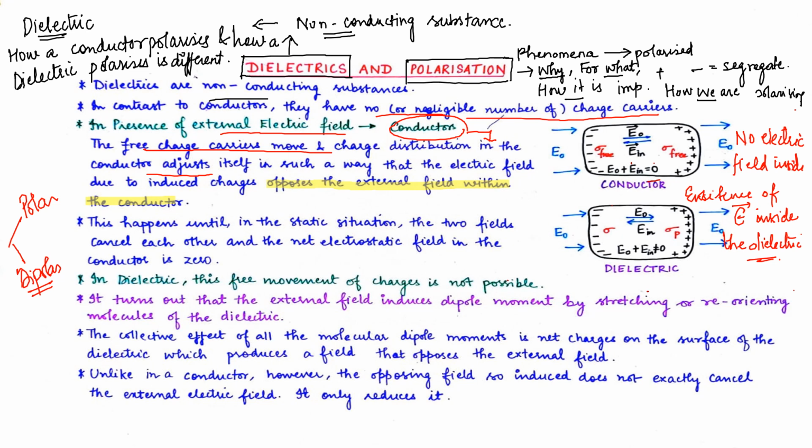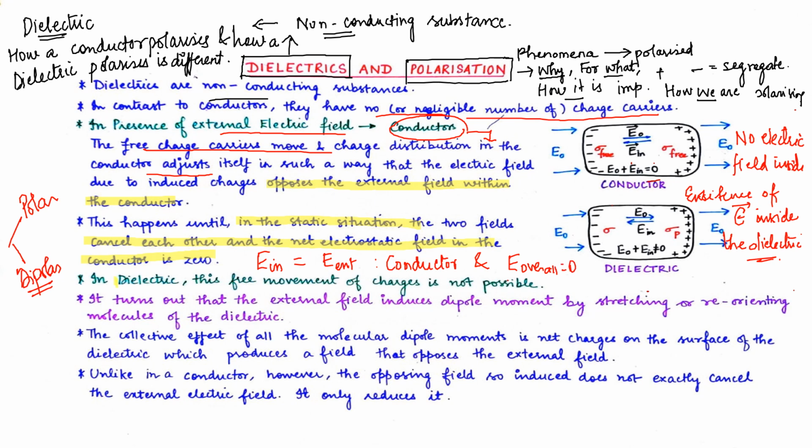This happens until, in the static situation, the two fields cancel each other and the net electrostatic field in the conductor is zero. So this happens up to a point where E internal is equal to E external in case of conductors. These two cancel out, and the electric field overall becomes zero.